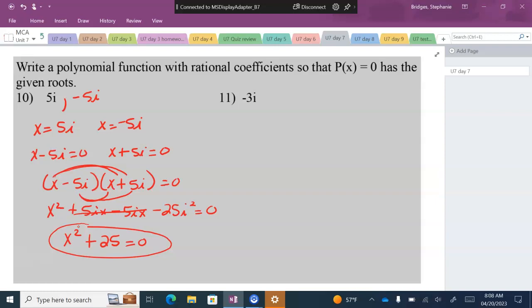With 11, if negative 3i is the solution, what else is the solution? Positive 3i. And again, we're going to do exactly the same thing. Set them equal to x. Turn them into binomials by moving them over with the x's. Put them in parentheses next to each other to be multiplied out.